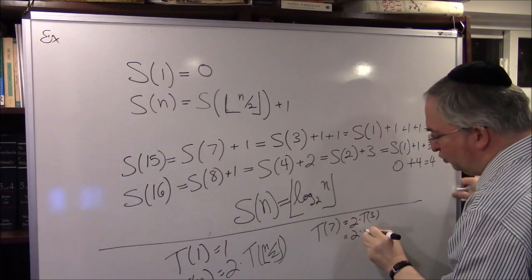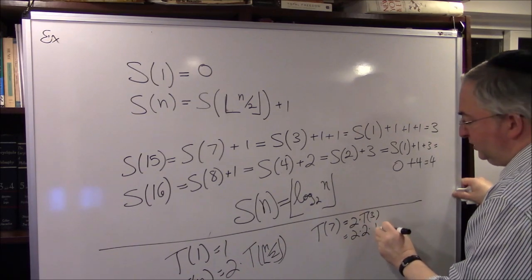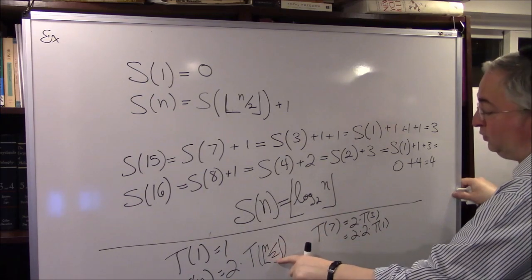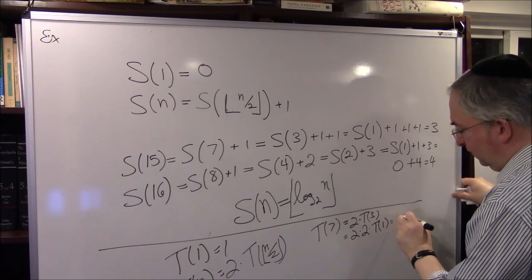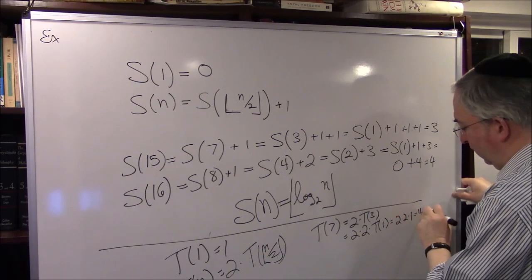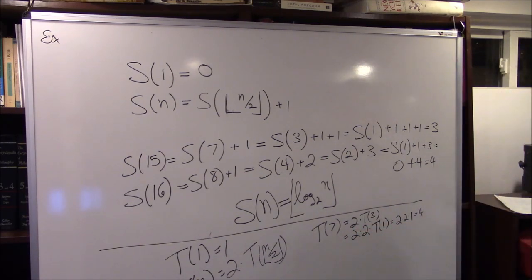So this is equal to 2 times T of 3 divided by 2, which is 1.5, floor is 1. T of 1 is 1. So that's equal to 2 times 2 times 1, which is equal to 4. Okay, so T of 7 is equal to 4. We'll figure out what that means in a second.